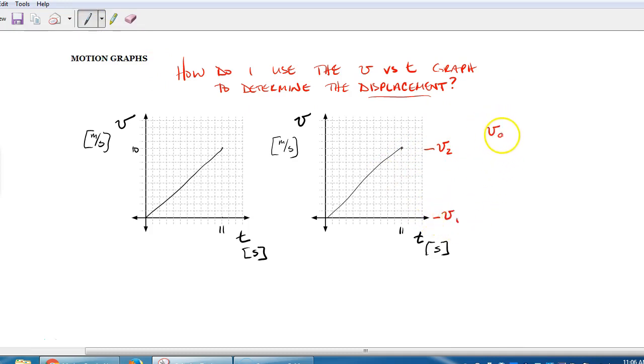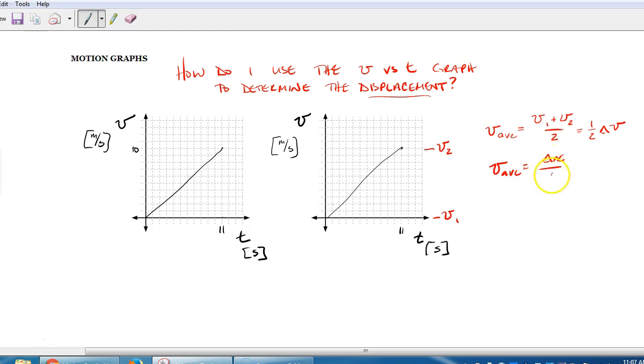Now, how could I use a velocity versus time graph to determine the displacement? Well, there's an interesting trick, and it involves calculating the area under a curve. I'm going to show you here that the area under a curve is actually equivalent to the amount of displacement, mathematically speaking. On the right-hand side, I'm going to show you that the average velocity that an object has is equal to its initial velocity plus its final velocity divided by 2, because it's an average.